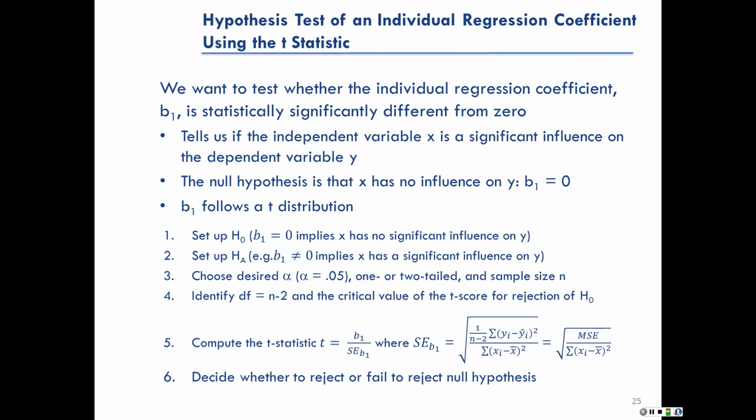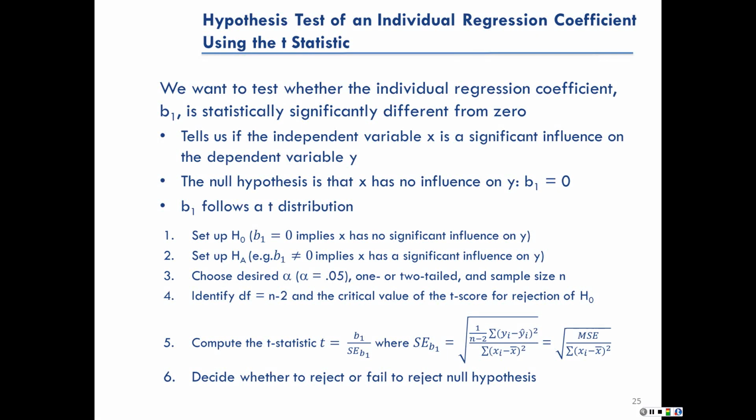What we want to test is whether our individual regression coefficient, the slope on that independent variable, which is referred to as beta 1, is statistically significantly different from 0. If it's not, then it means variable x doesn't have any influence on variable y. So the null hypothesis is that x has no influence on y. In other words, that beta 1 equals 0.